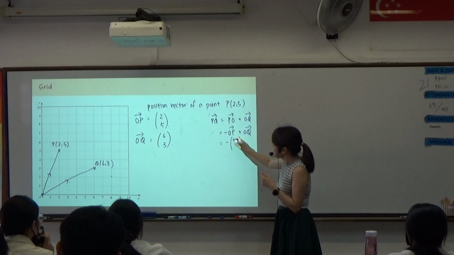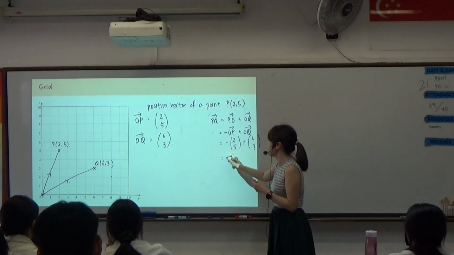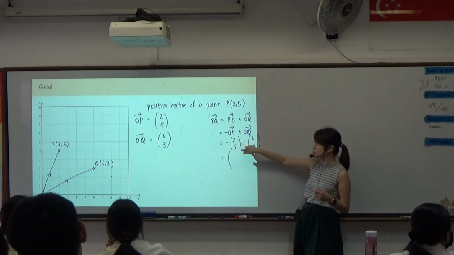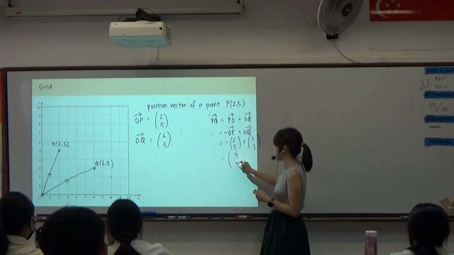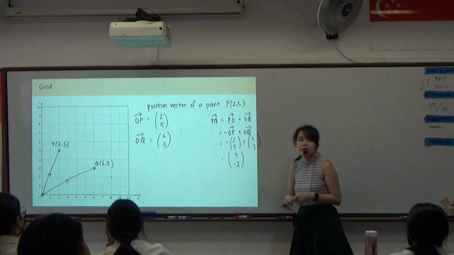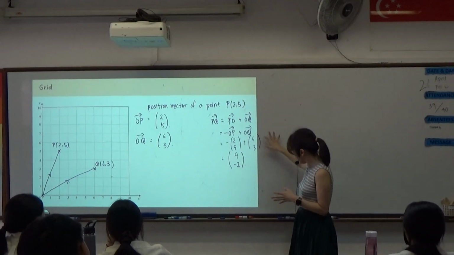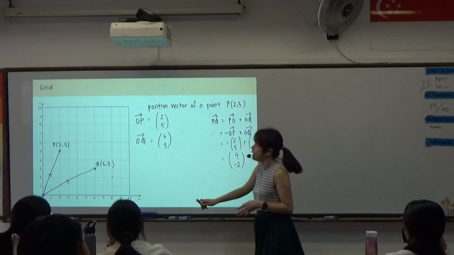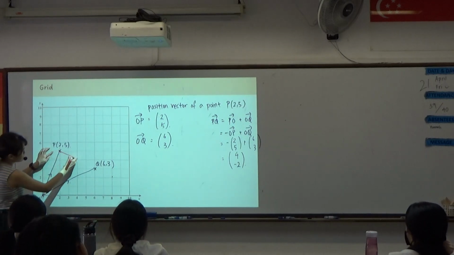Okay, and OP is (2, 5), OQ is (6, 3), and when I do my calculation, negative 2 plus 6, I will get 4, negative 5 plus 3, I will get negative 2. So I get the vector PQ in algebraic manner, which is (4, -2). And I can verify it looking at this diagram.